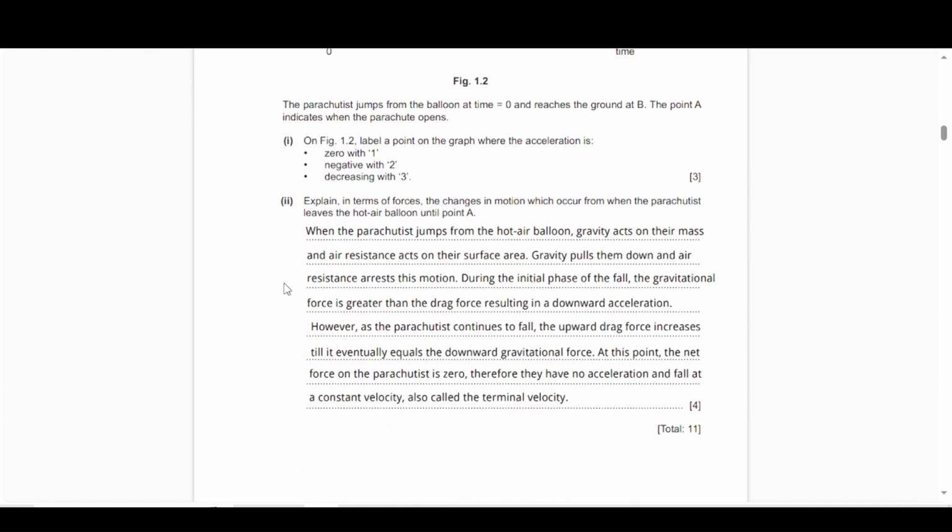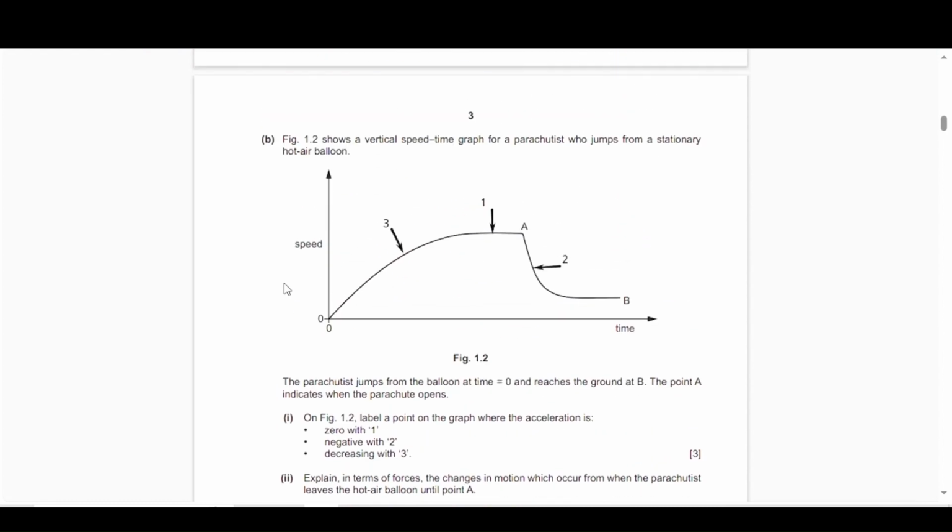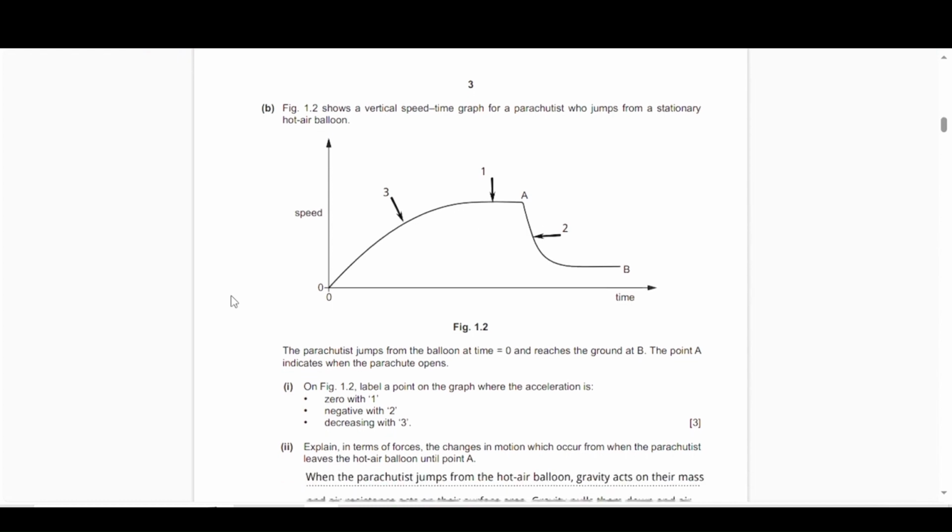However, as the parachutist continues to fall, the upward drag force increases till it eventually equals the downward gravitational force. This is what I mean by positive nonlinear flatlining. The drag force catches up with gravity, slowing the acceleration until it reaches a constant velocity.